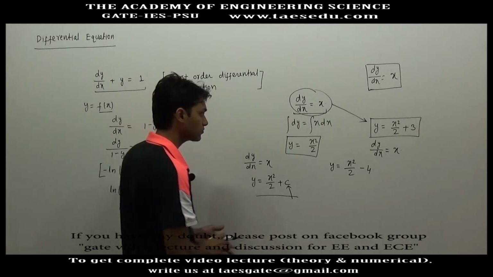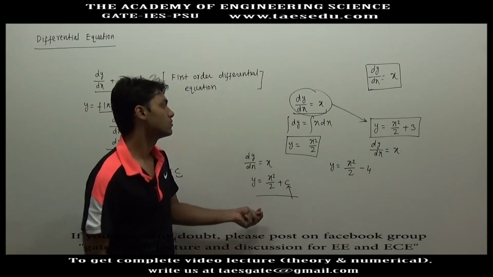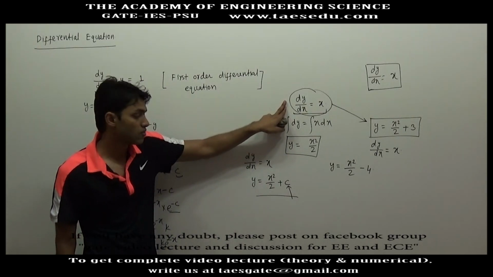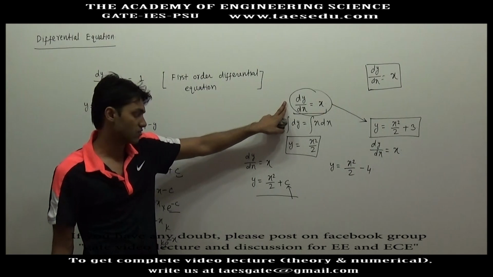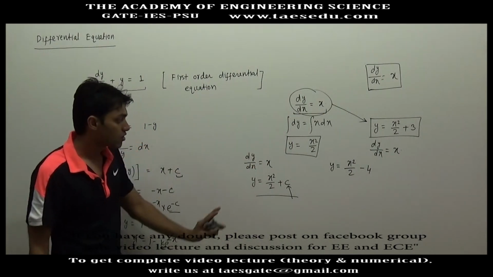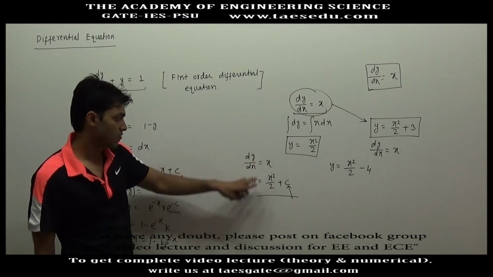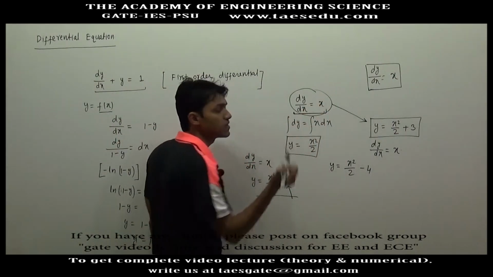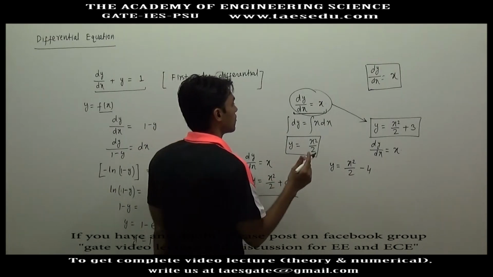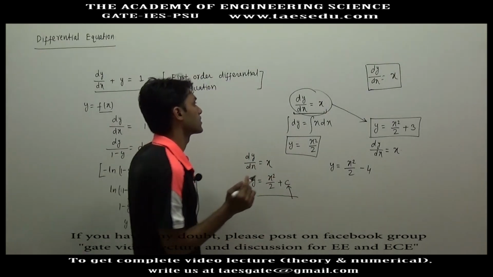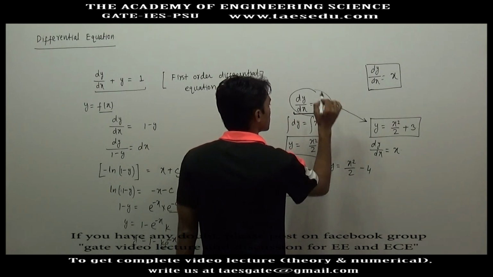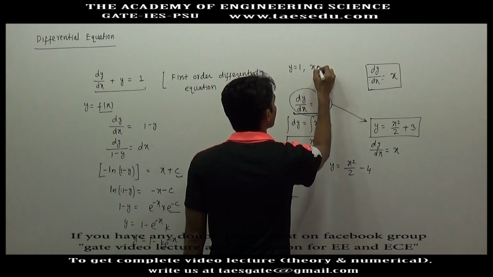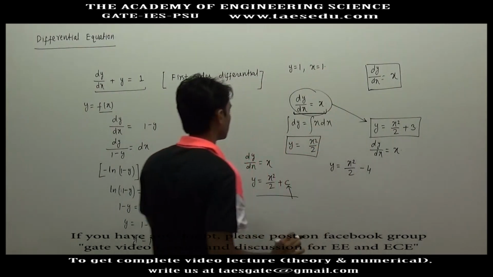Now, if you are given this differential equation and asked to find the solution, you cannot find a unique solution because you have a set of solutions. So if you are asked to solve this differential equation, you will be given an initial condition or any one condition. For example, this question is given and you will be given y equal to 1 when x is equal to 1.